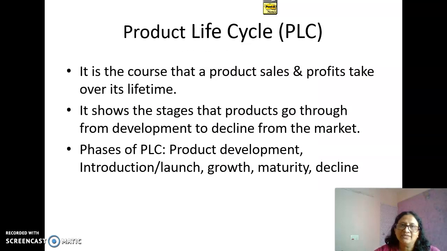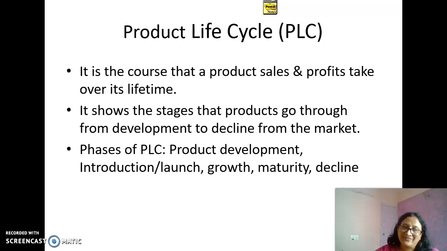Besides this, we need to consider another important concept, that is product life cycle. Product life cycle is nothing but the course that a product's sales and profits take over its lifetime. It shows the stages that products go through from development till decline from the market.